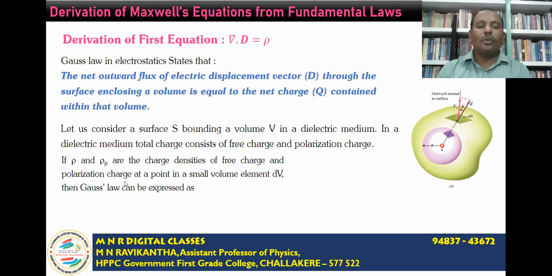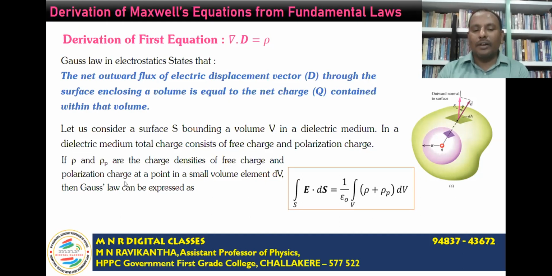If rho and rho p are the charge densities of free charge and the polarization charge at a point in a small volume element dV, then the Gauss law can be expressed as surface integral of E bar dot ds bar is equal to 1 over epsilon naught times volume integral of rho plus rho p into dV.